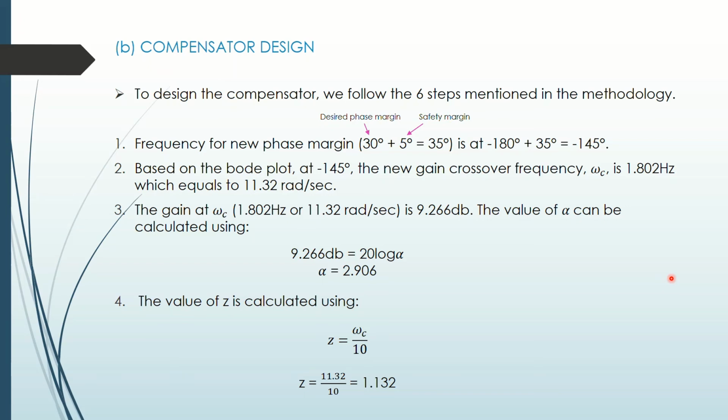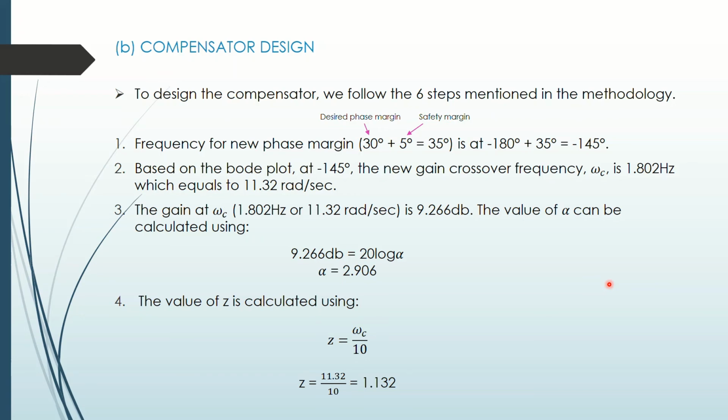The gain at omega c is 9.266 decibels. The value of alpha can be calculated by using the formula gain equals 20 log alpha. Solving for alpha, we get alpha equals 2.906.